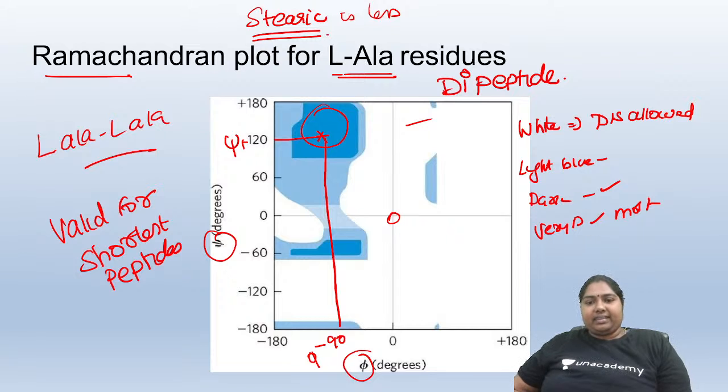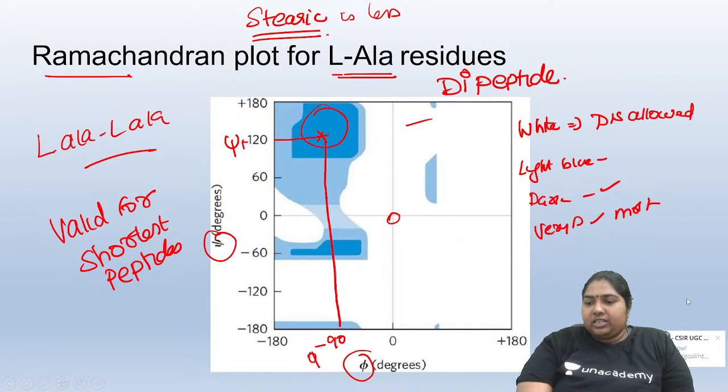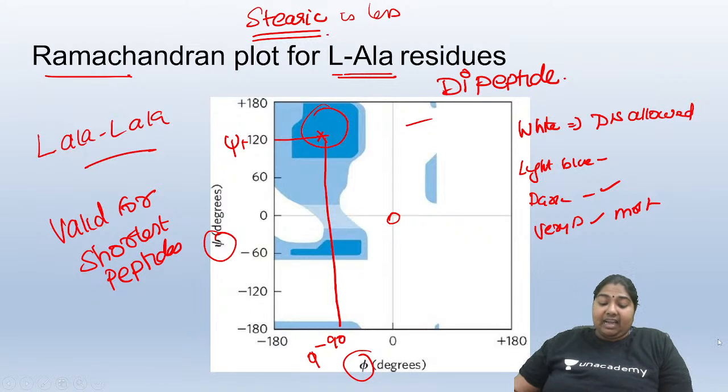That means they are at the same location. It will give such a big hindrance. Imagine. So that is the disallowed region. You will not allow your atoms in that region. But this blue color, all these, is going to be the allowed region.